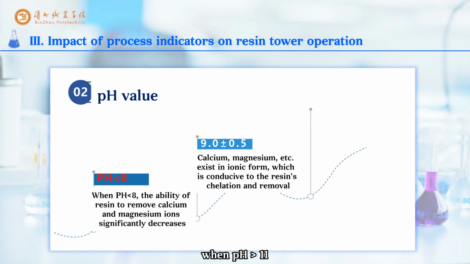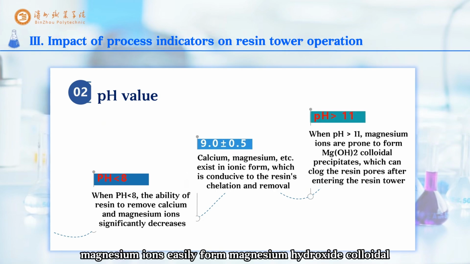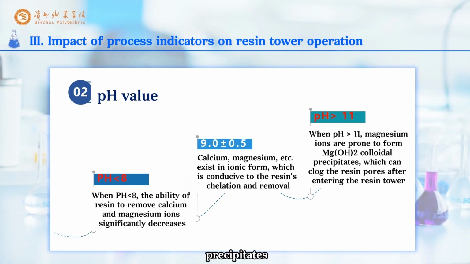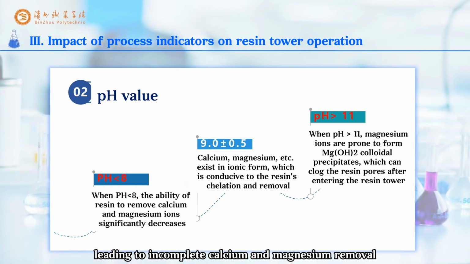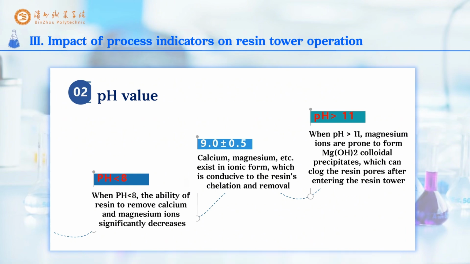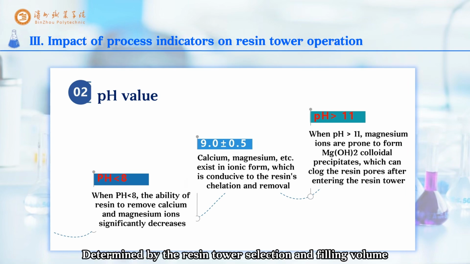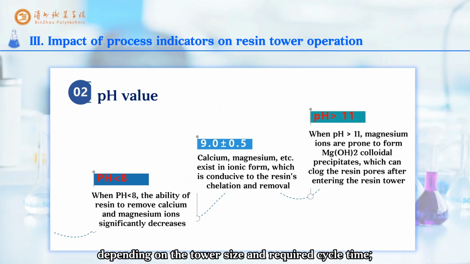When pH is greater than 11, magnesium ions easily form magnesium hydroxide colloidal precipitates, clogging resin pores and causing brine bias flow, leading to incomplete calcium and magnesium removal. Control range: 9.0 ± 0.5.